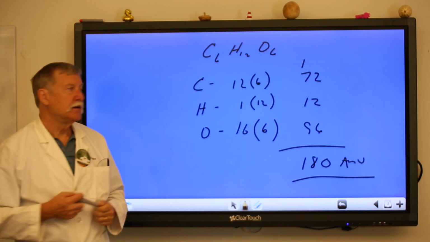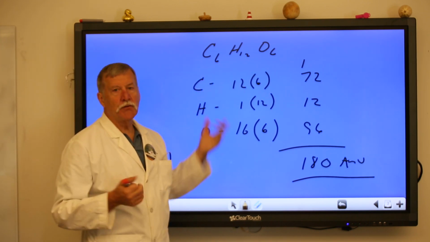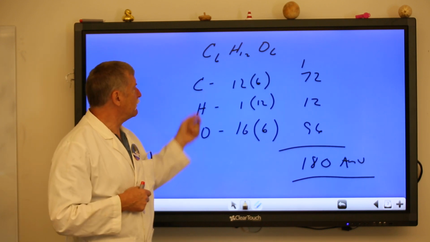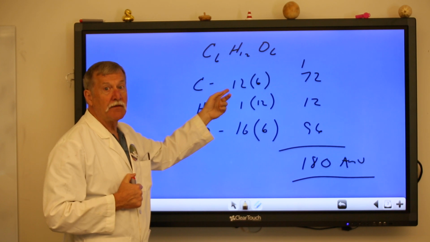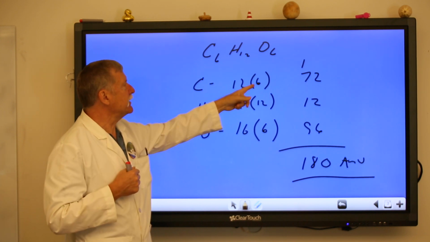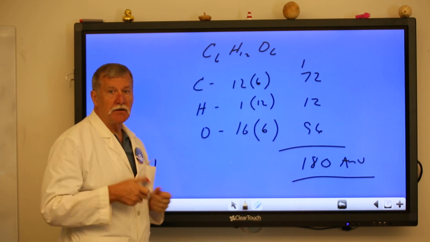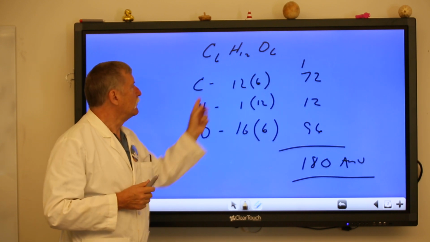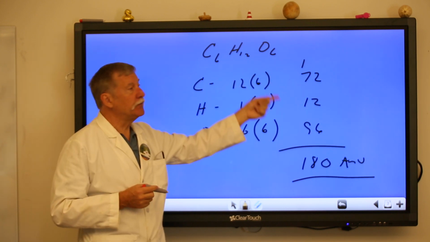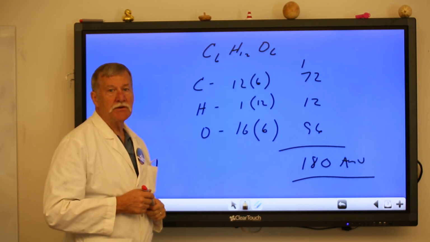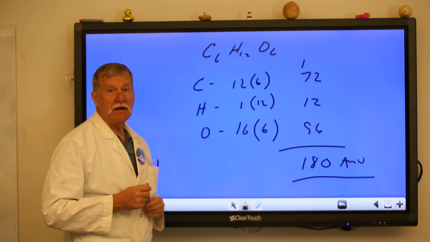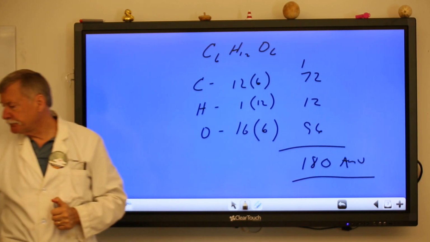It says, look at the formula, figure out what the elements involved are, look at the atomic mass of one of the elements, see how many of those elements are involved in the formula, multiply that to get the total number for each element, and find the sum of all the mass numbers, and you have the atomic mass of this.